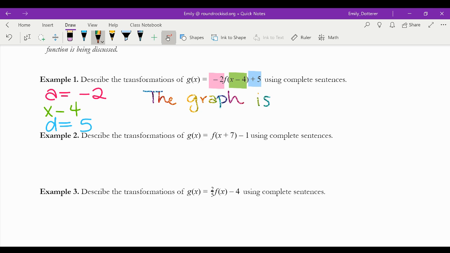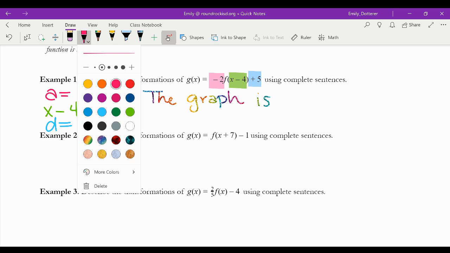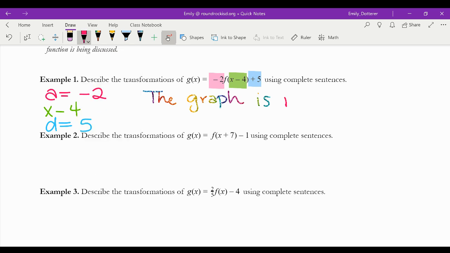So the graph is, we have a negative A value. So the graph is reflected across the x-axis. We could also say that it's vertically reflected. Those mean the same thing.